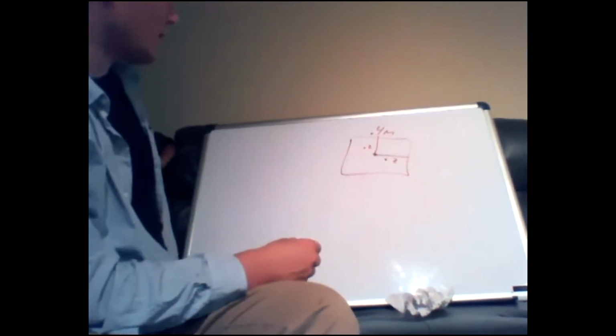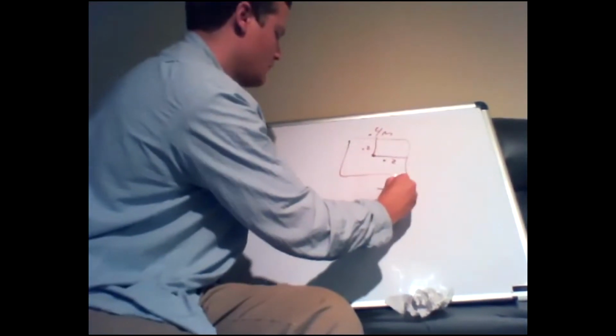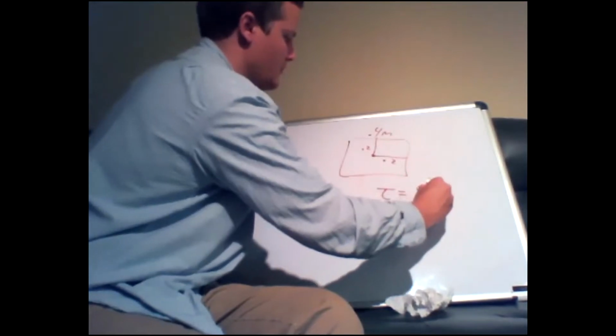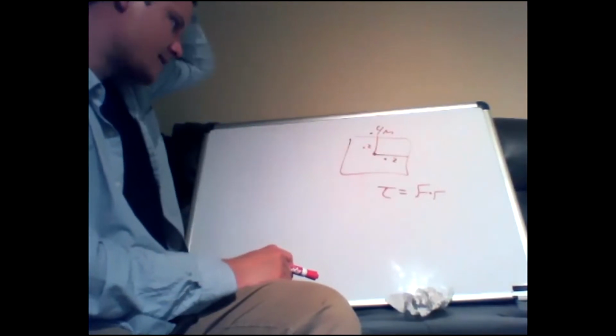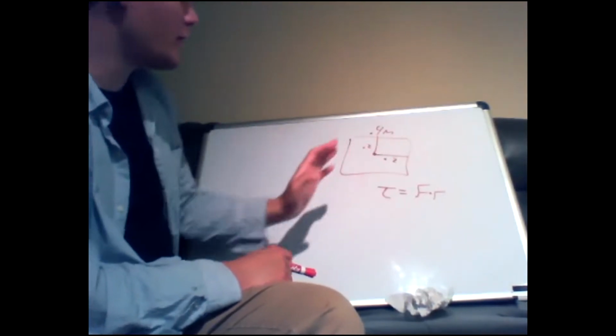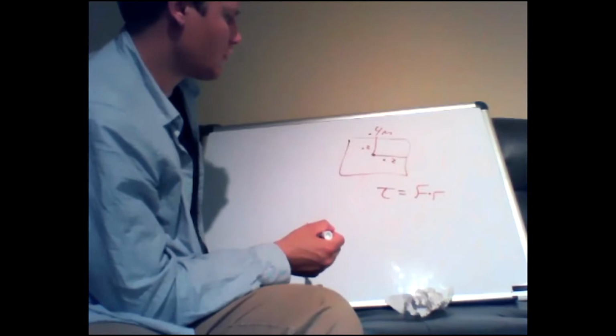Now you might be tempted to say, okay, well, tau is equal to the force times the radius. The radius would be the distance between that pivot point or that axis of rotation and where you're applying the force. So you might think to apply the force right here, and that will give you a large torque.